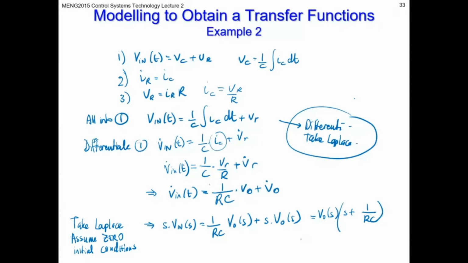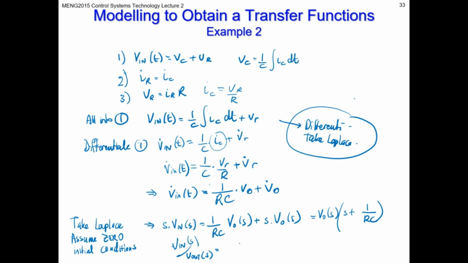We can cross multiply because we also have an S on this side, of course. So to get our V out over V in, we're going to take this fella and divide it down on this side.